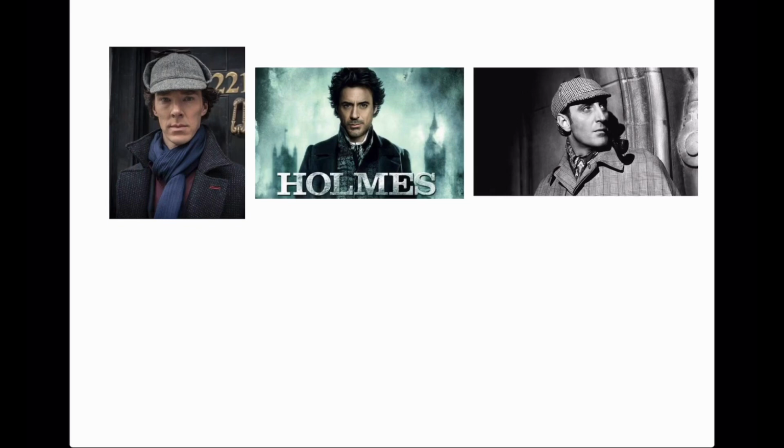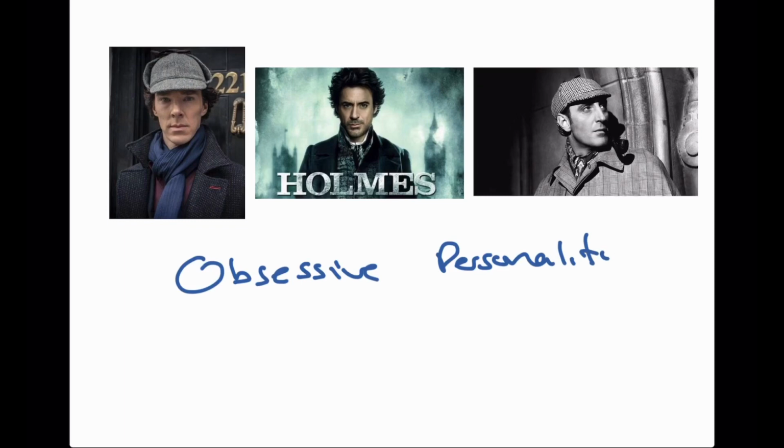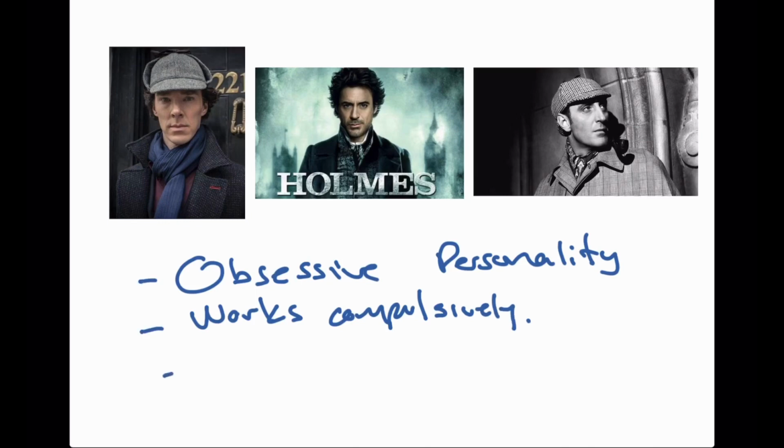But all the representations, movies and comic books and everything of this character from the Sir Arthur Conan Doyle stories and novels, all of them have the same description. He has an obsessive personality, he works compulsively, and he has a very strong deductive power. So all these characteristics are constant in all the representations of this character.